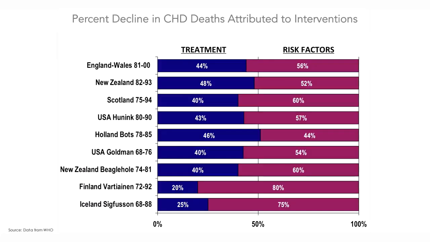And indeed, it has been shown by modeling studies across different countries where the risk factors as well as heart attack death rates have fallen, that in most of the countries more than 50% of the fall in death rates has been attributed to fall in risk factor levels, and in most cases less than 50% is attributable to treatments.